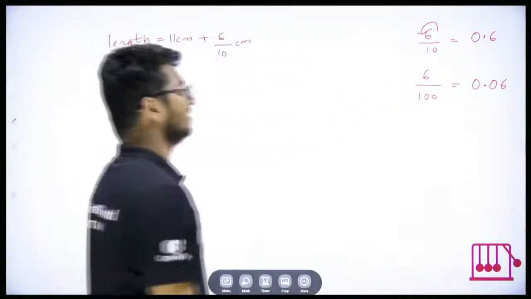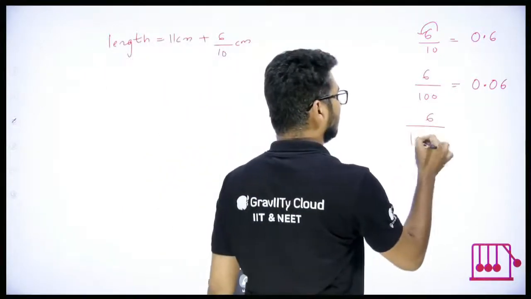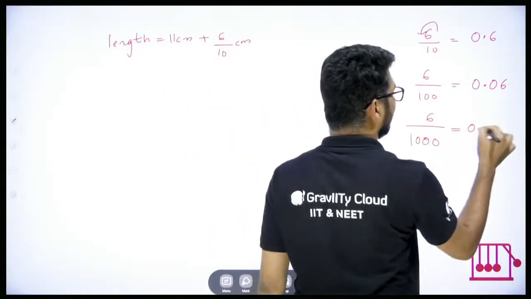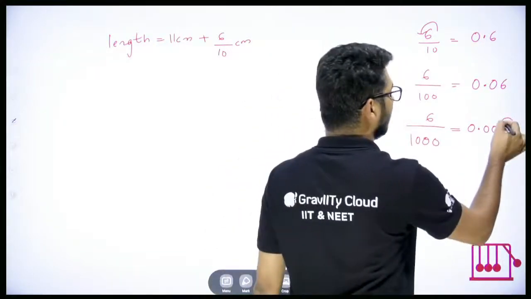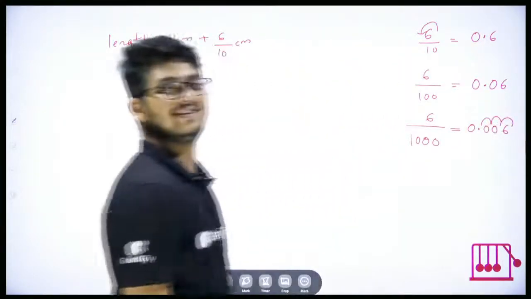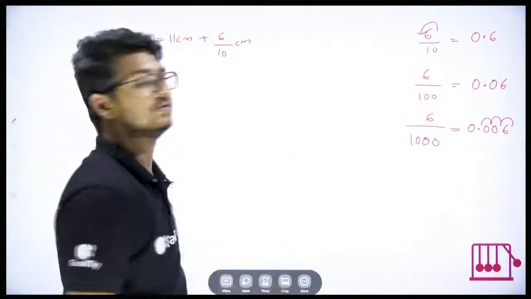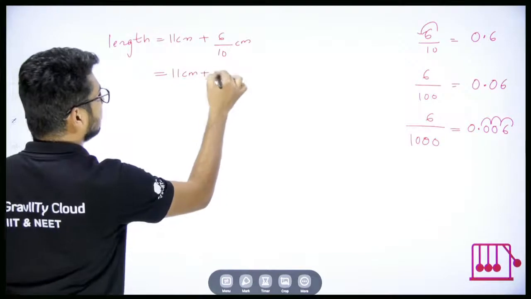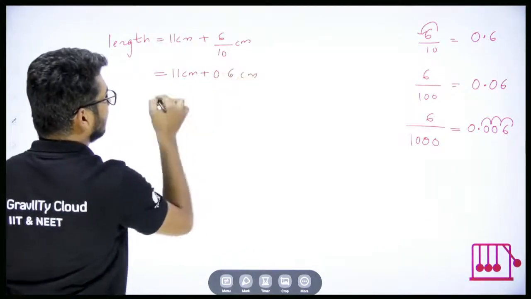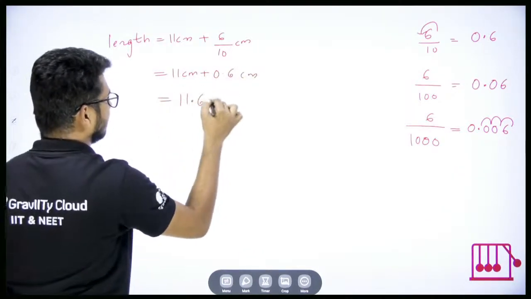That's it. If it is 6 by 1000, then it is 0.006. You shifted how many times? 1, 2, 3, because you have 3 zeros. So that's how you write it. It becomes 11 centimeter plus 0.6 centimeter, 11.6 centimeter.